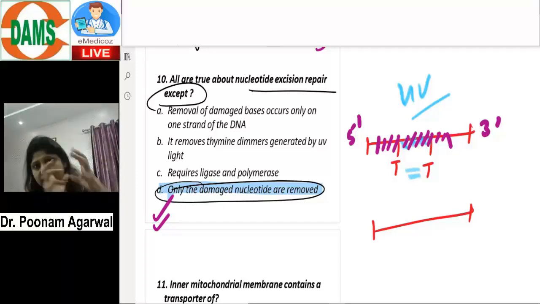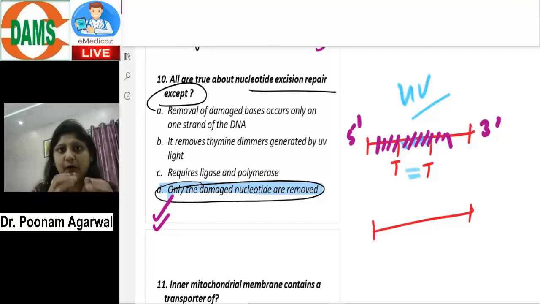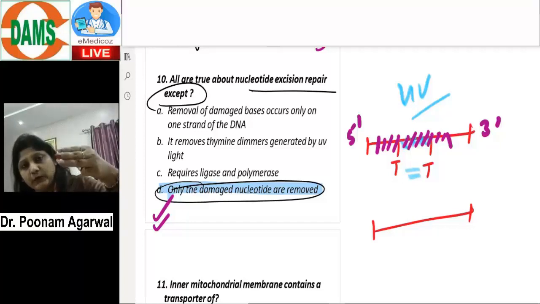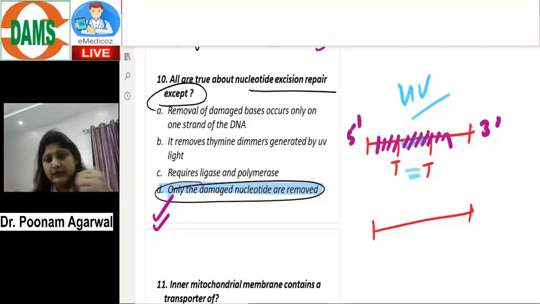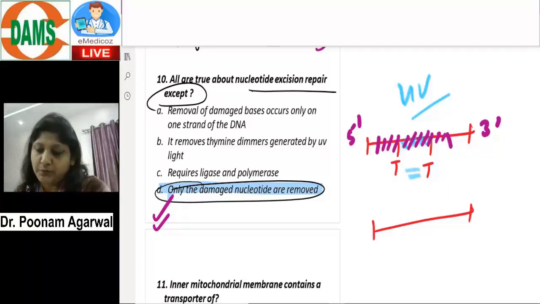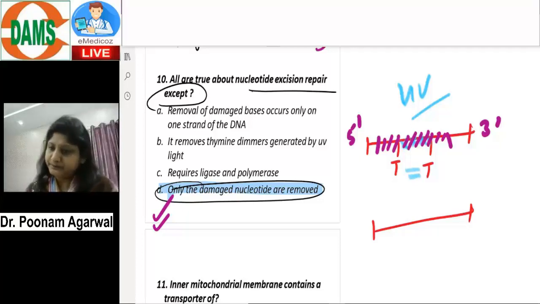There's a single base which is modified, but to correct that problem, minimum 3 nucleotides, one on the adjacent side of that defective base, or 2 nucleotides adjacent to this defective base, that will constitute your 5 nucleotide segment, is getting removed even in base excision repair. So we are not so blessed that only the defective nucleotide is removed and the right nucleotide is getting incorporated at that point. It never happens in the DNA repair process.